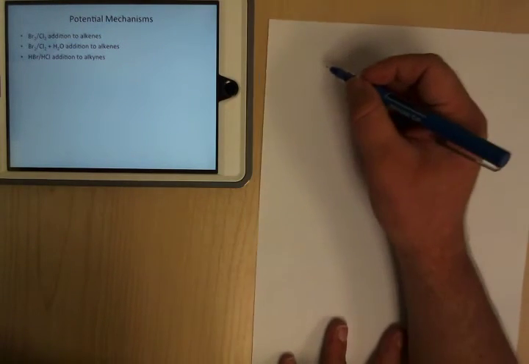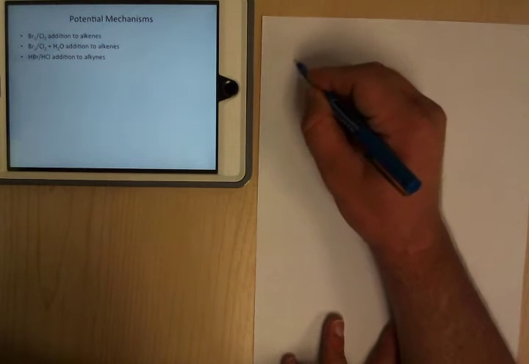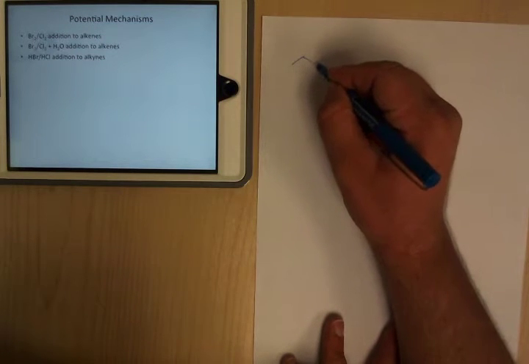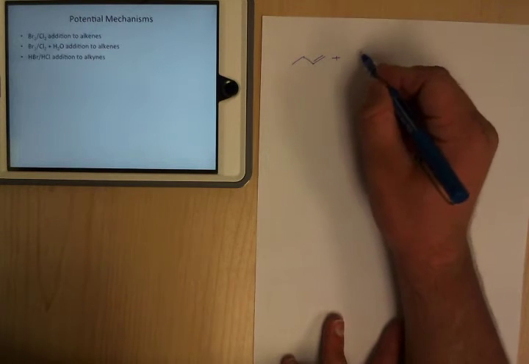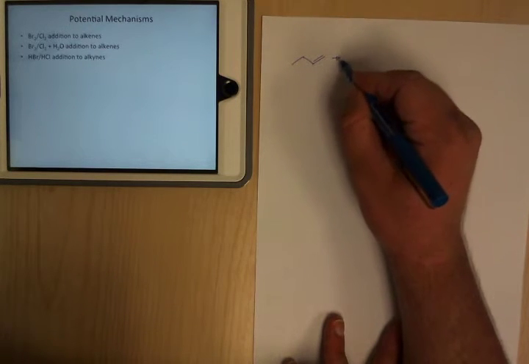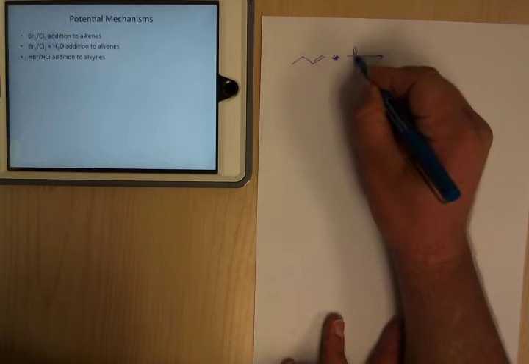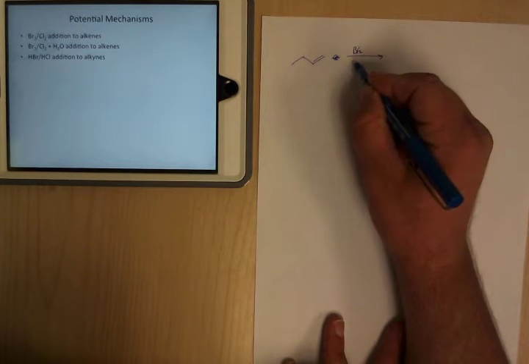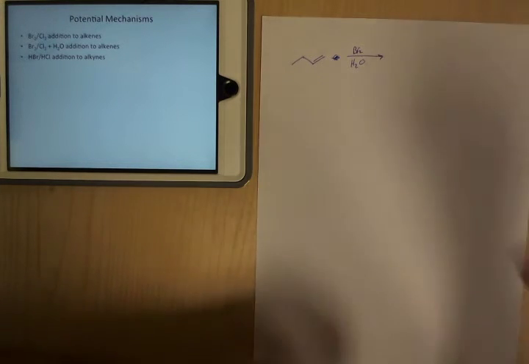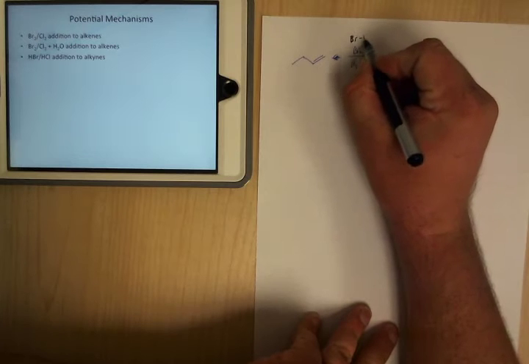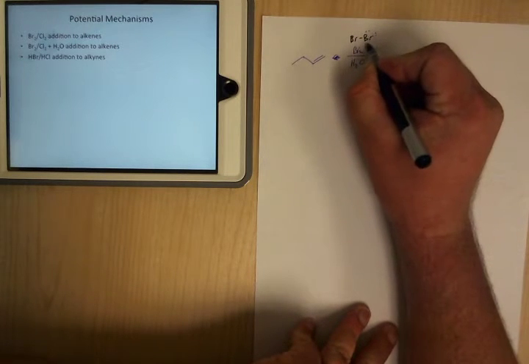That middle one, just to show you what I want to see, I'm going to draw it out. So let's say it's this plus, it'll probably be written like this: Br2, H2O. The Br2 you can sort of think of as that.